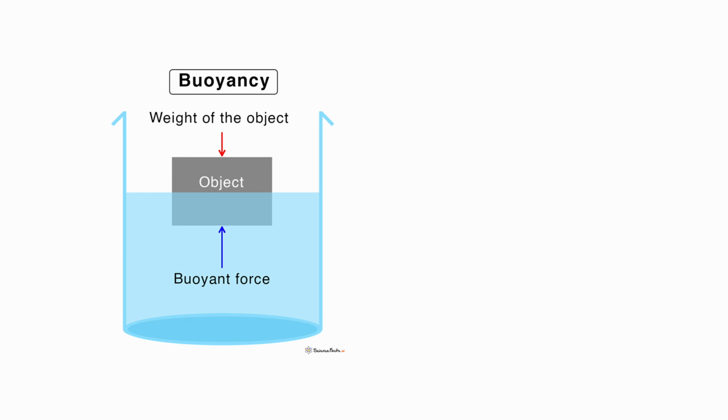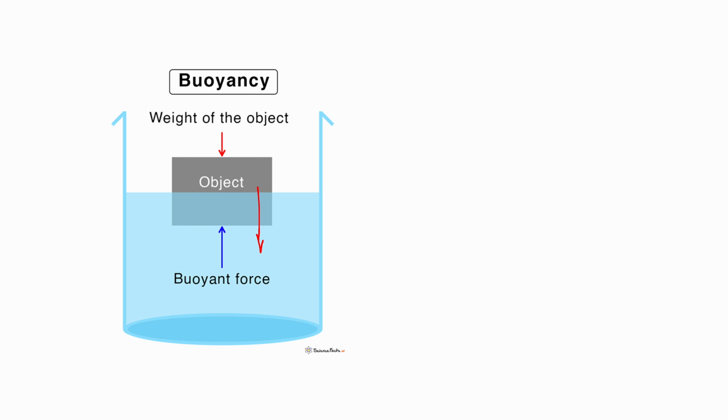What is buoyancy? Buoyancy is the resistance that the water shows, which prevents objects from easily getting submerged into the water. Let's assume that we have an object, and this object is our submarine.